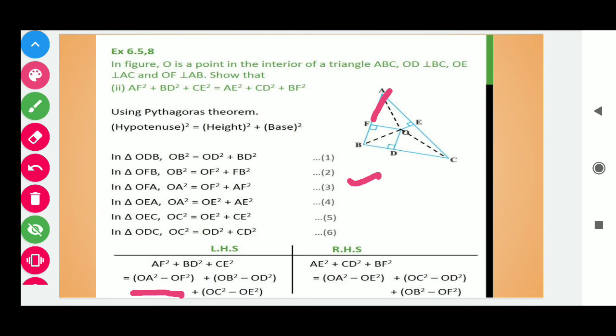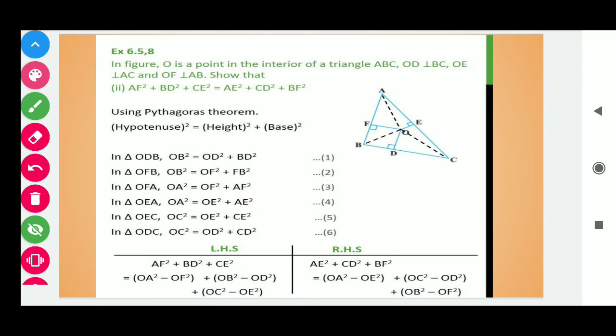BD square we can find in the first one, so the value of BD square is OB square minus OD square. And third is CE square. CE square is in the fifth equation and its value is OC square minus OE square.